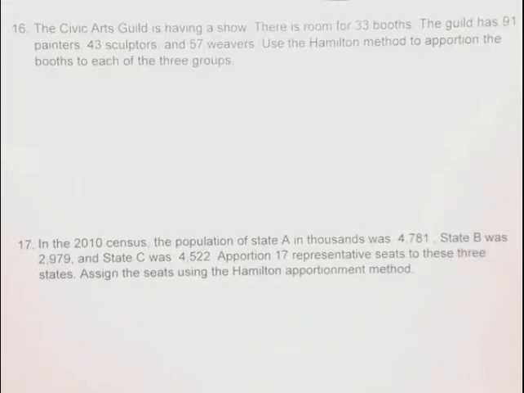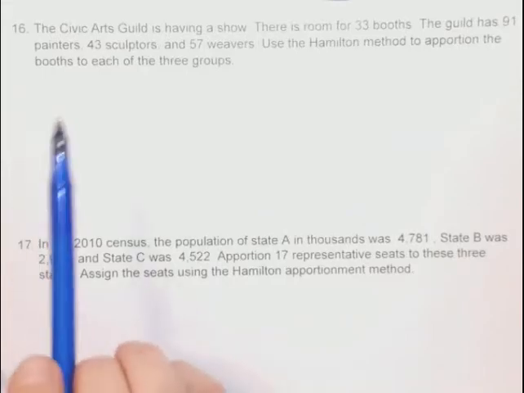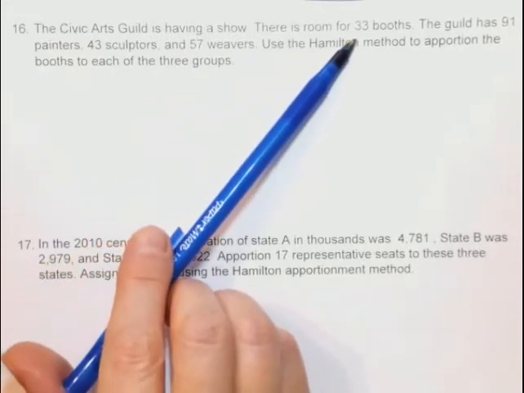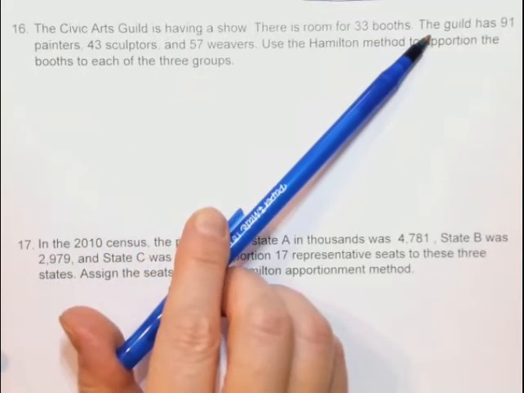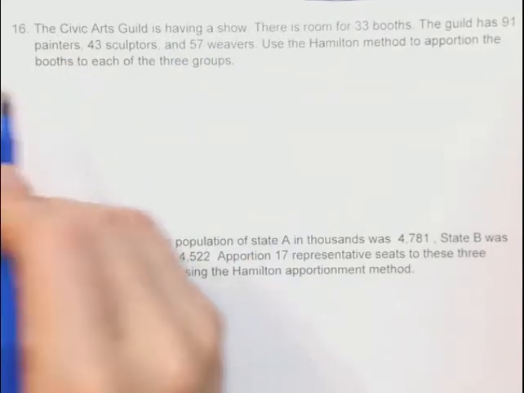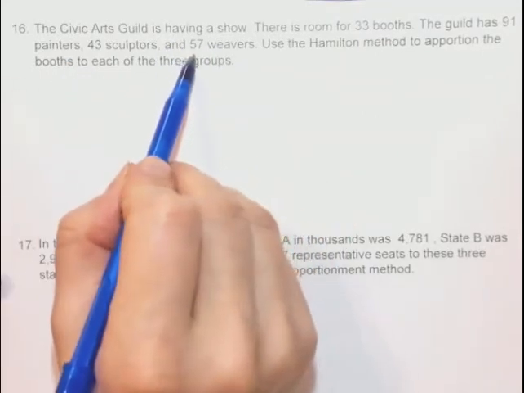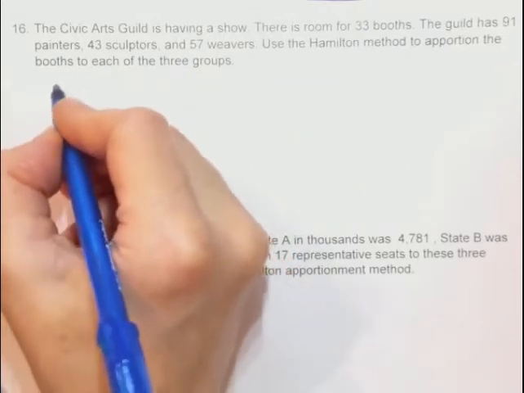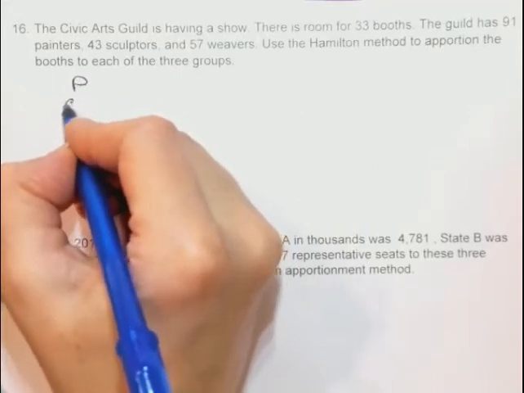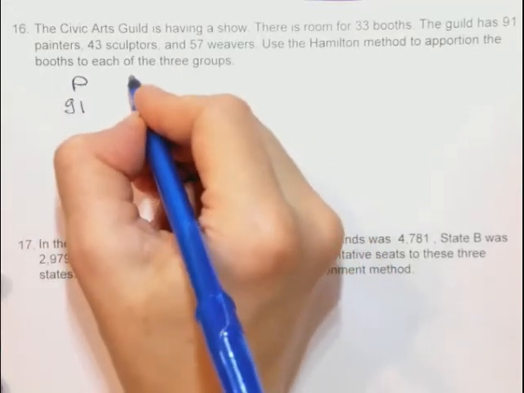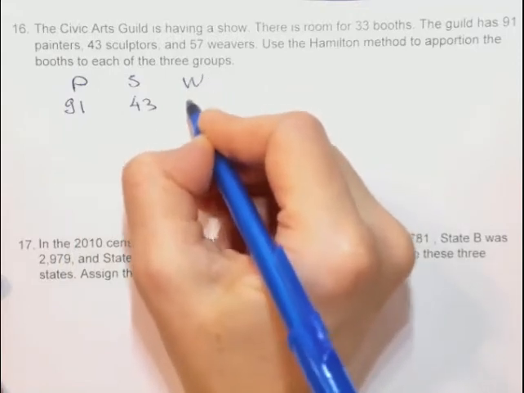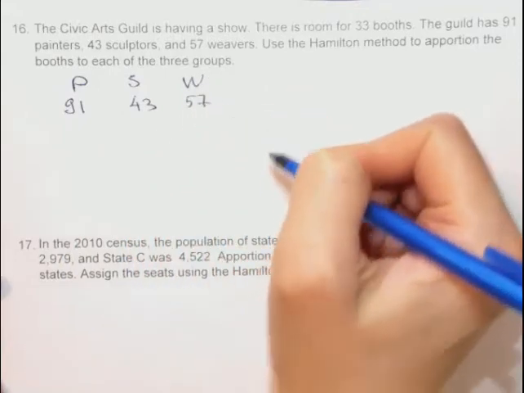Next problem, apportionment. The Civic Art Guild is having a show. There is room for 33 booths. The guild has 91 painters, 43 sculptors, and 57 weavers. So painters, there are 91, sculptors 43, weavers 57.